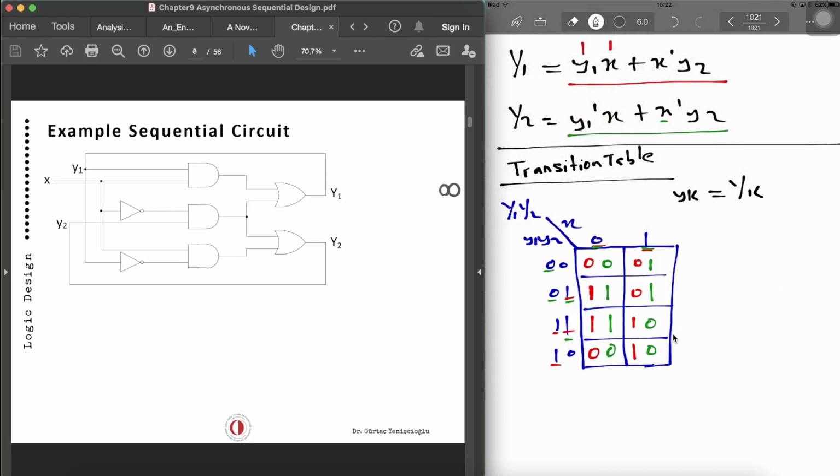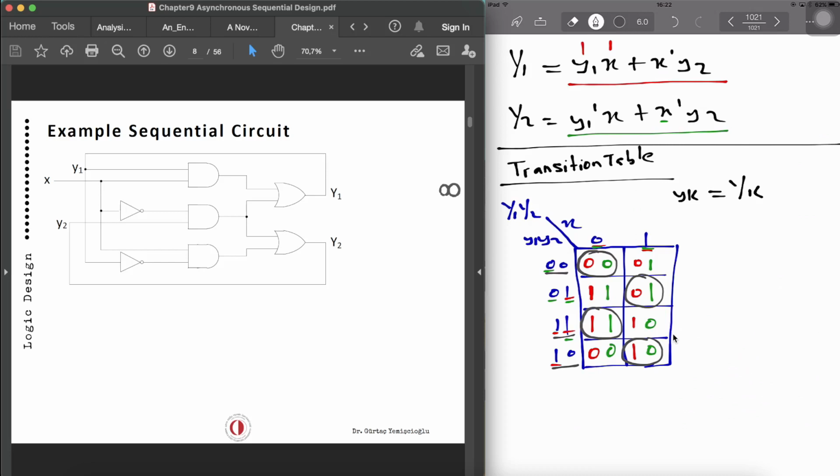When present is 0 0, next is 0 0, this is stable. When present is 0 1, next is 0 1, this is stable, where x is 1. And present is 1 1, next is 1 1, this one is stable. And present is 1 0, next is 1 0, this one is stable. So we can easily show which ones are the stable states and which ones are not.